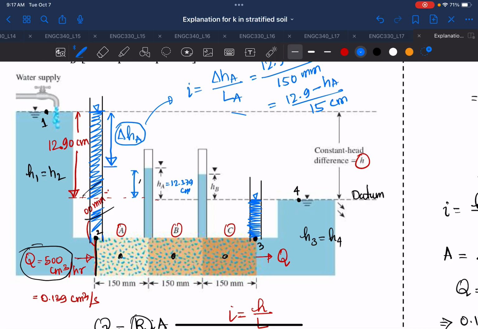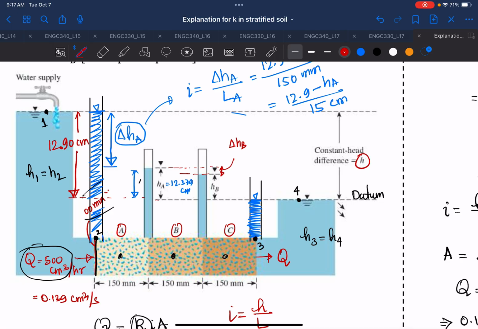Here you'll see that for the water to flow through soil B, your head loss will be delta HB.